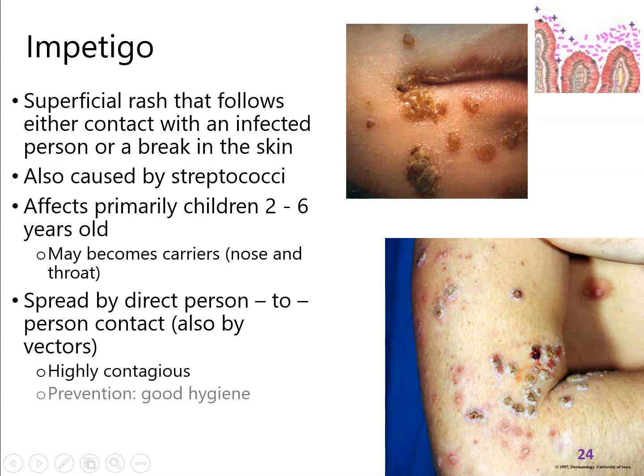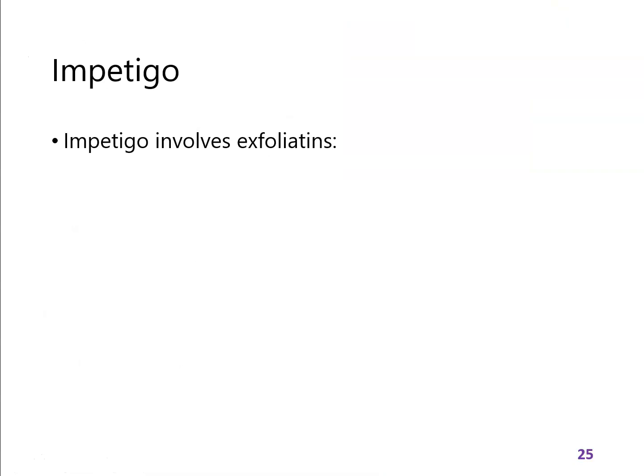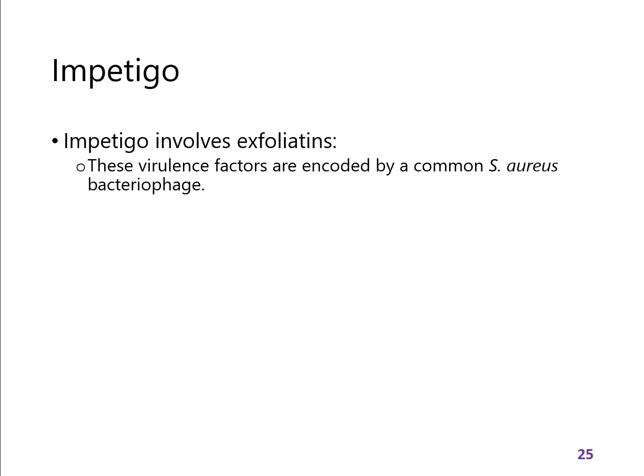And like I said, it's highly contagious. What it's caused by is the exfoliatins. These are encoded by a bacteriophage that can infect Staphylococcus aureus, and so the strains that have been infected by that bacteriophage can cause this disease.